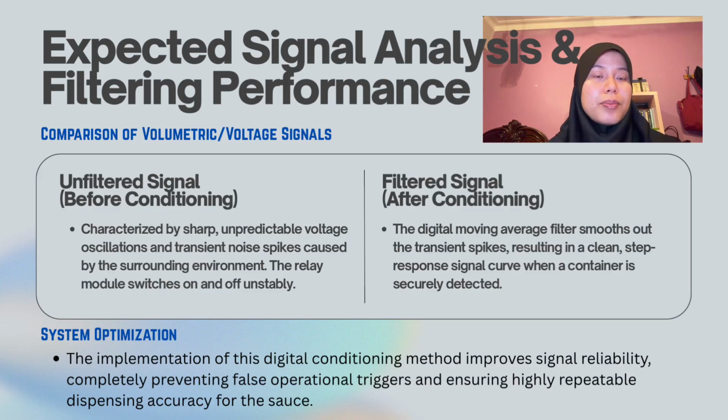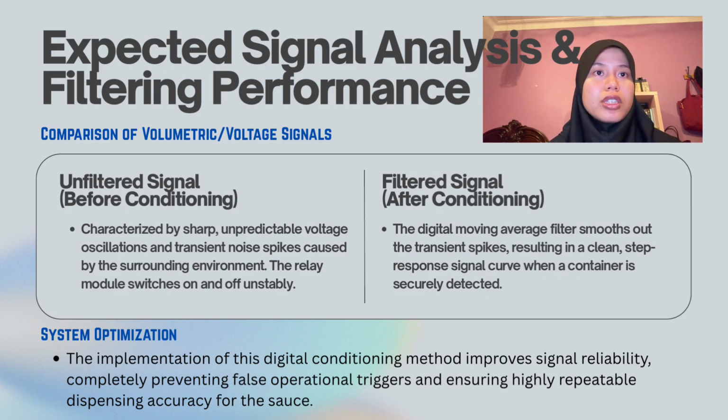Okay, this slide presents the expected signal analysis and filtering performance by comparing the sensor signal before and after signal conditioning. On the left side, the unfiltered signal contains significant noise and unstable voltage fluctuation caused by environmental interference.